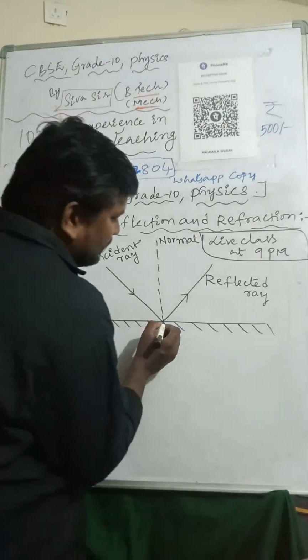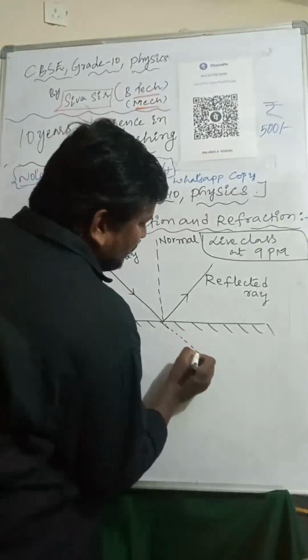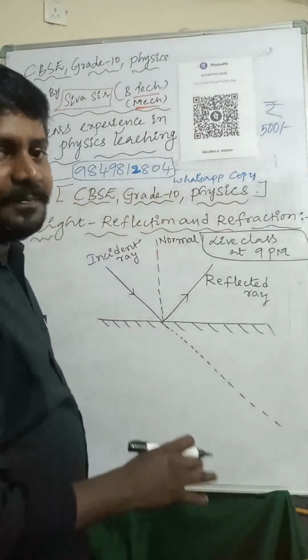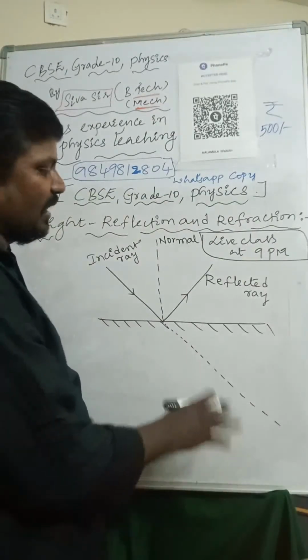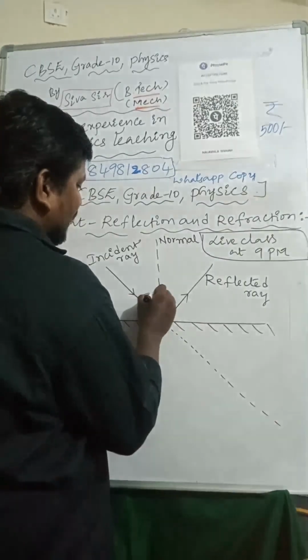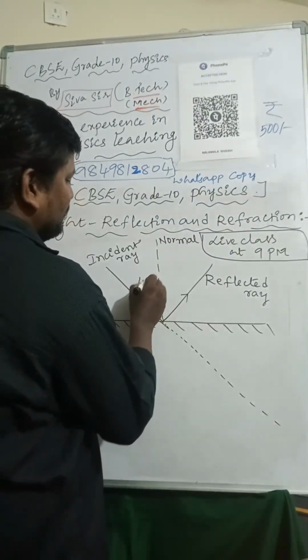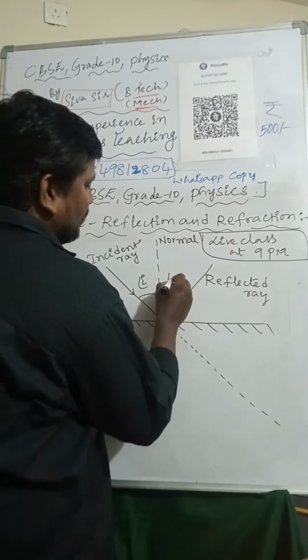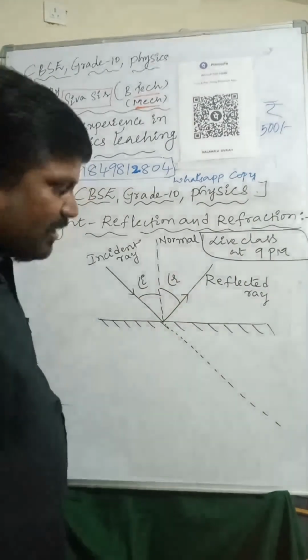If you extend the incident ray like this, we consider it an undeviated line. The angle between the incident ray and the normal line is called the angle of incidence.